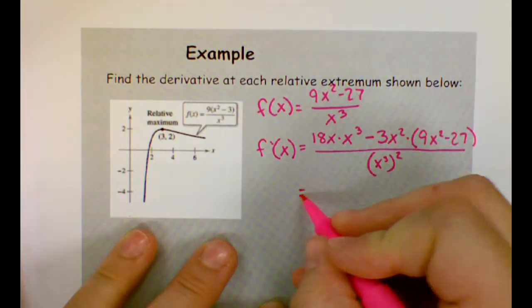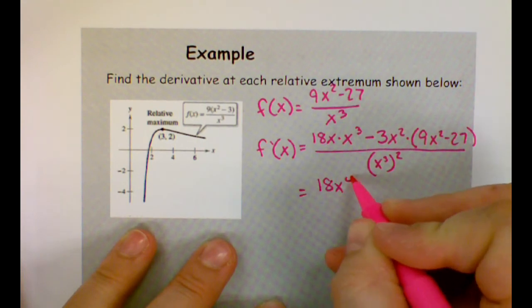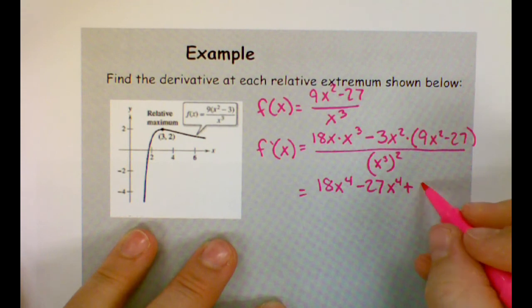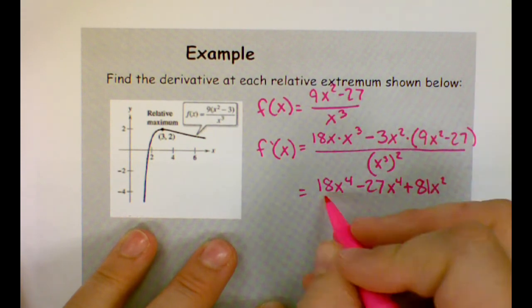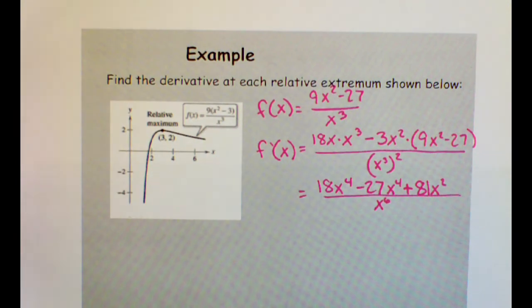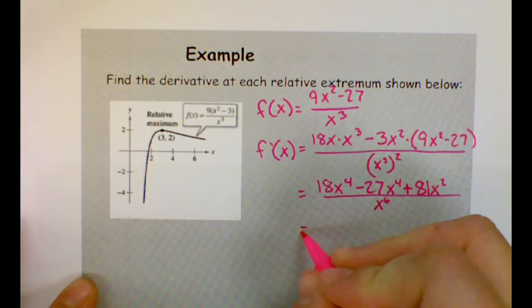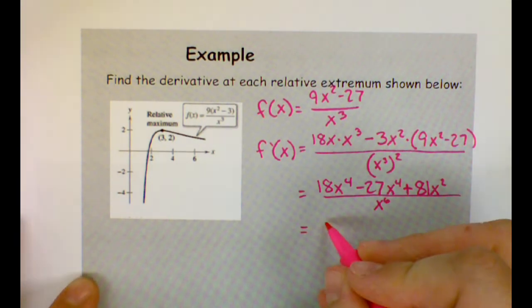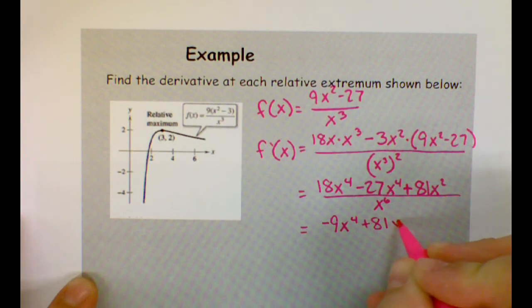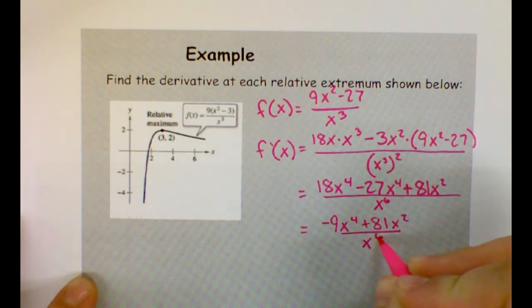All right, let's simplify that. 18x to the 4th power minus 27x to the 4th power plus 81x squared over x to the 6th power. Honestly, I don't even need to simplify anymore, but I'm gonna. I have 18 minus 27 is negative 9x to the 4th power plus 81x squared over x to the 6th power.